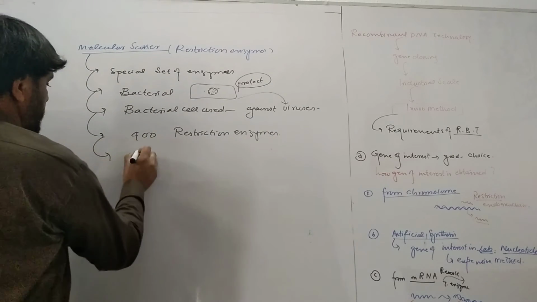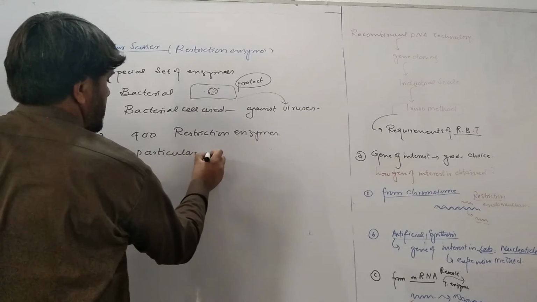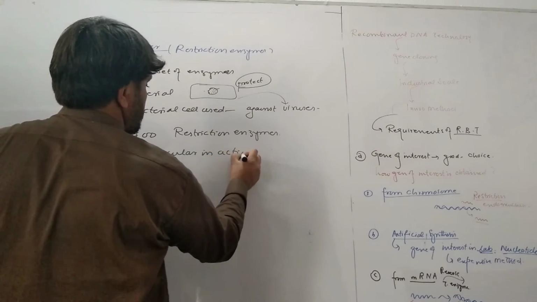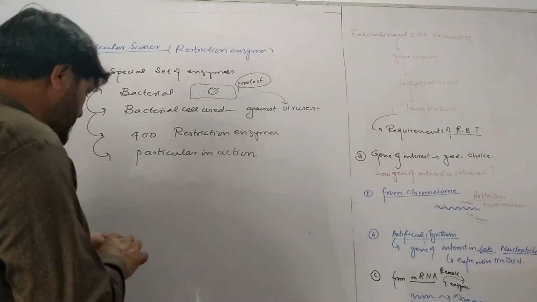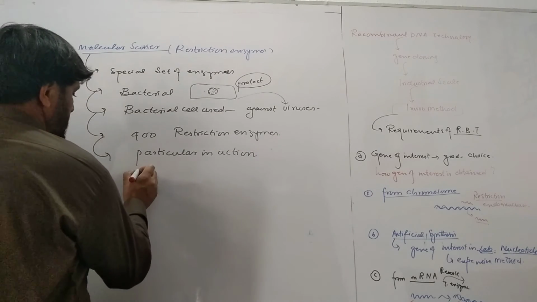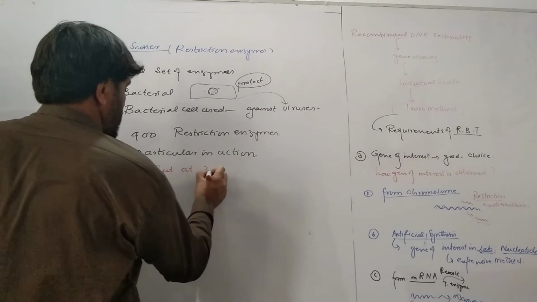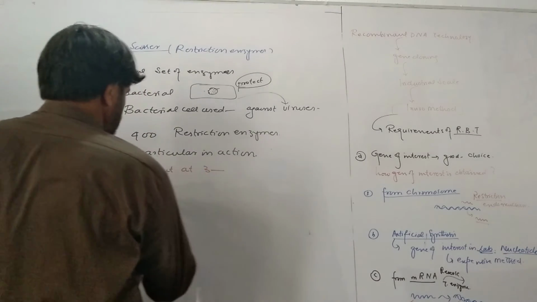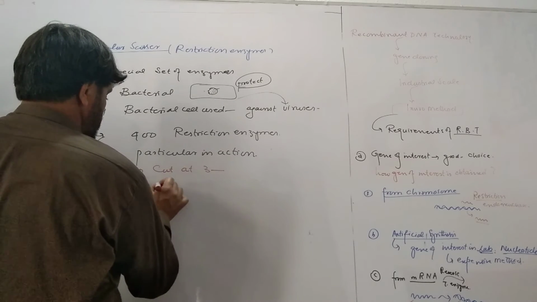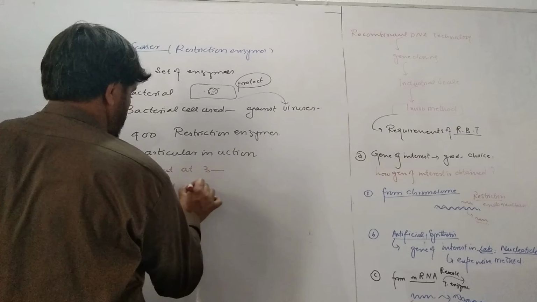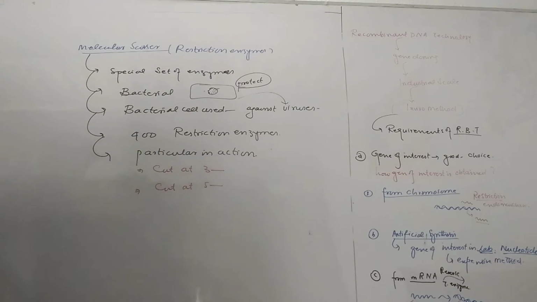These enzymes are very particular in action. Some enzymes make a cut at the 3' end. Some enzymes make a cut at the 5' end of DNA.